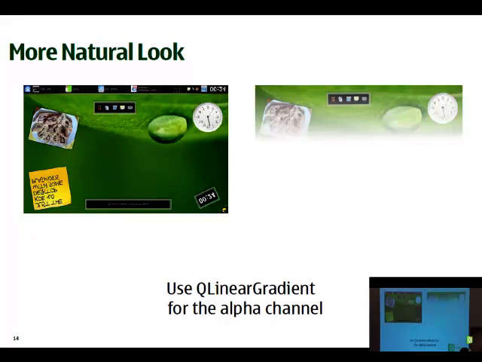In effect, it makes the image very transparent at the bottom, a bit transparent in the middle, and not transparent at all at the top of the image, which is exactly the effect that you want to achieve.